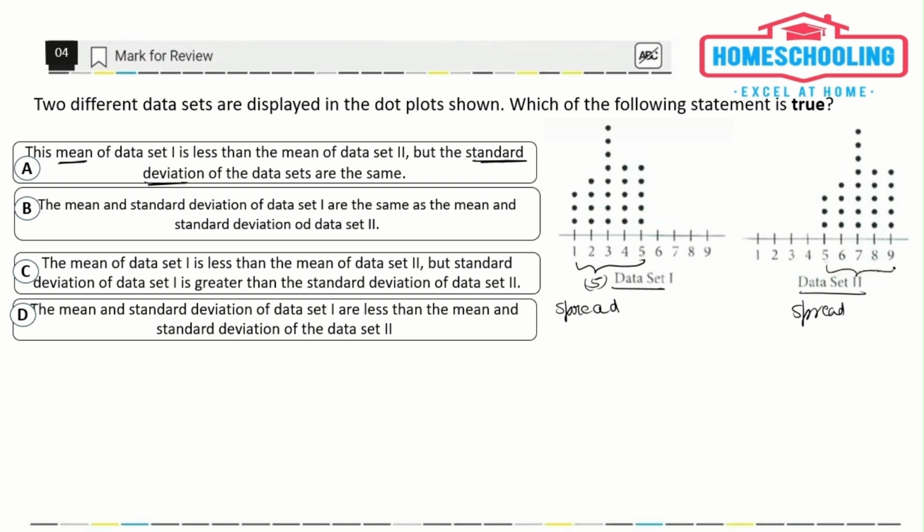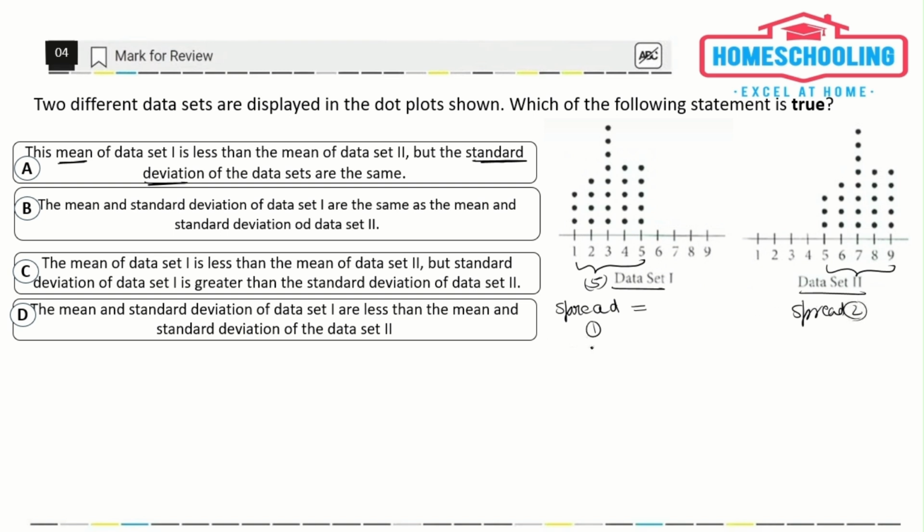Similarly we can calculate 1, 2, 3, 4, 5, 5 points are there, and we can say that the spread is similar in both the sets because it's 3, 4, 8, 5, 5 and 3, 4, 8, 5, 5. So from this we can say that the spread of data set 1 is equal to the spread of data set 2.